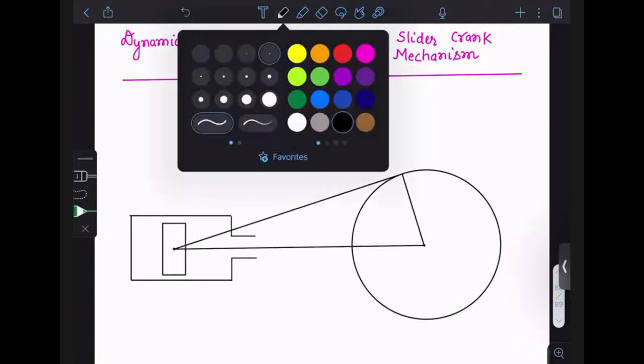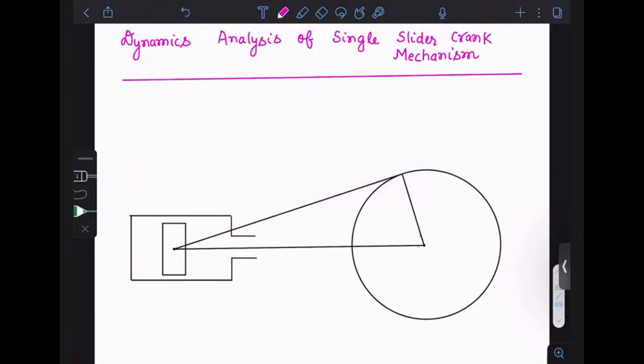This angle is your theta. Now see, theta, right? This angle is your beta.